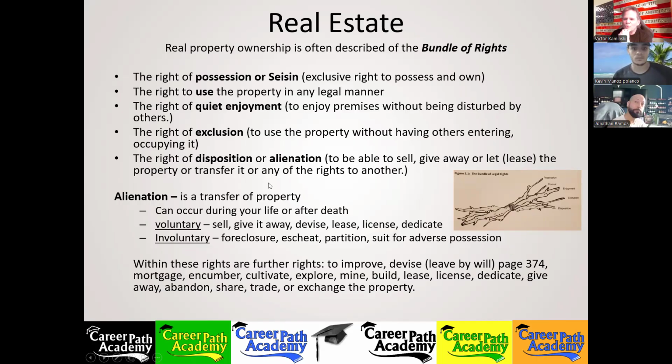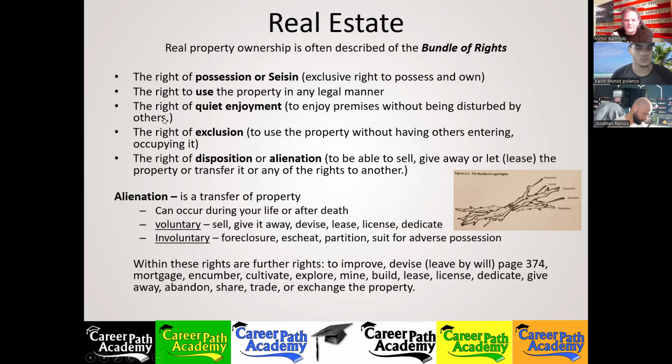So you can sell real estate and keep some of your interest in that property when you pass it on to the next owner. So the next owner is getting the real estate plus all their rights, but some of them could be kept.